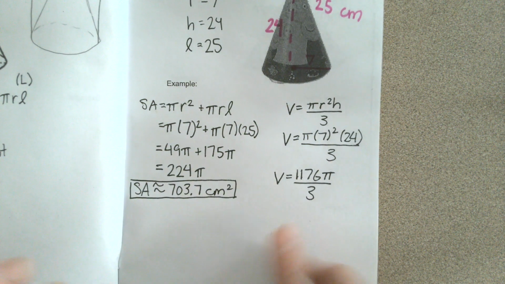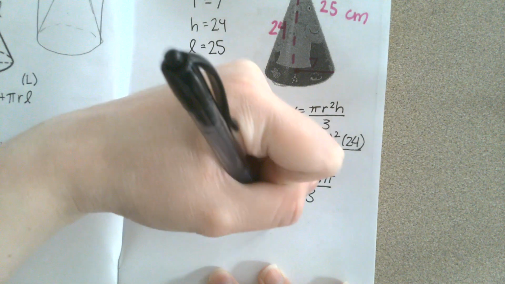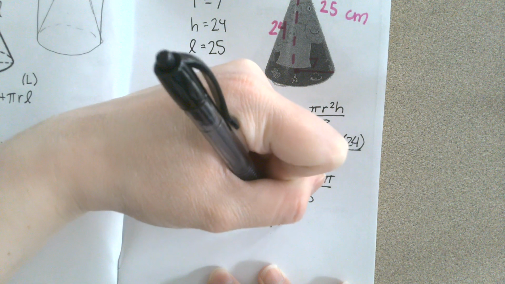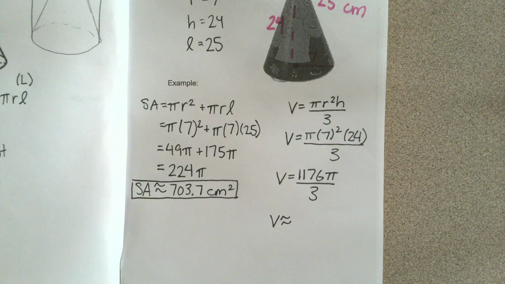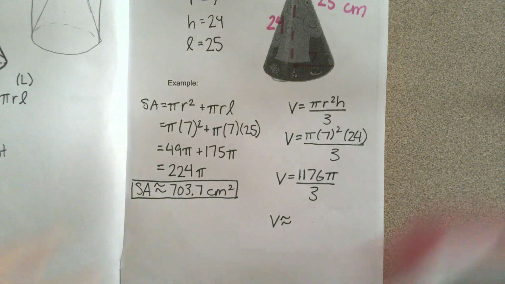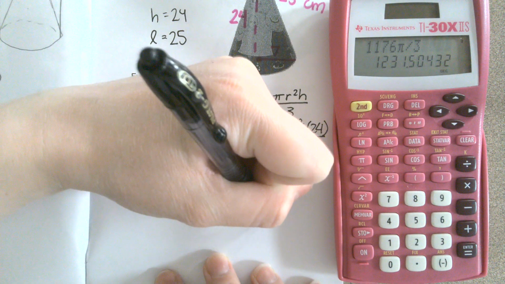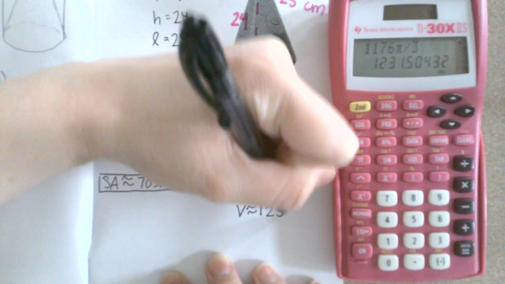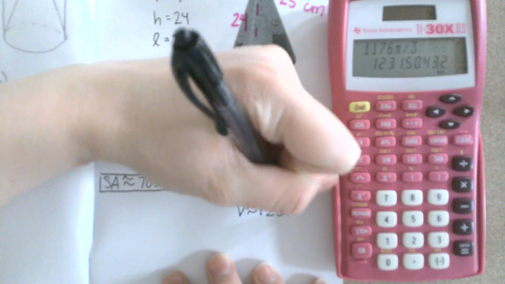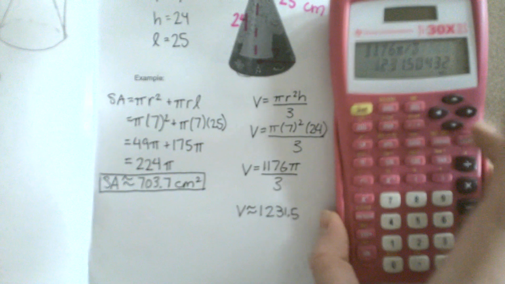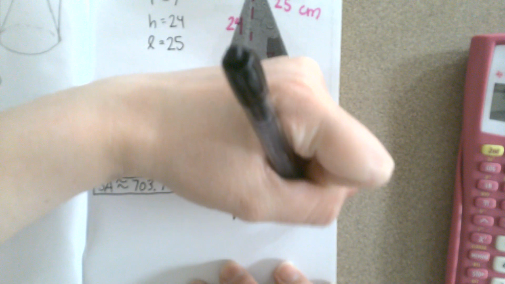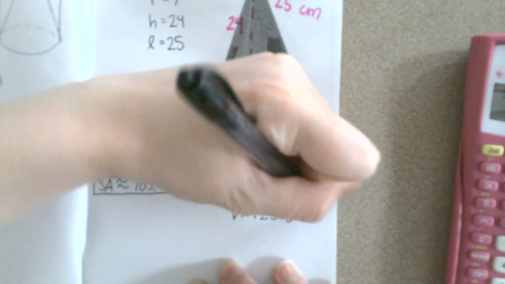And at this point, I would want to use my calculator. 1,176 pi divided by 3 gives me 1,231.5 when rounded to the nearest tenth. And that is centimeters cubed since it's in volume.